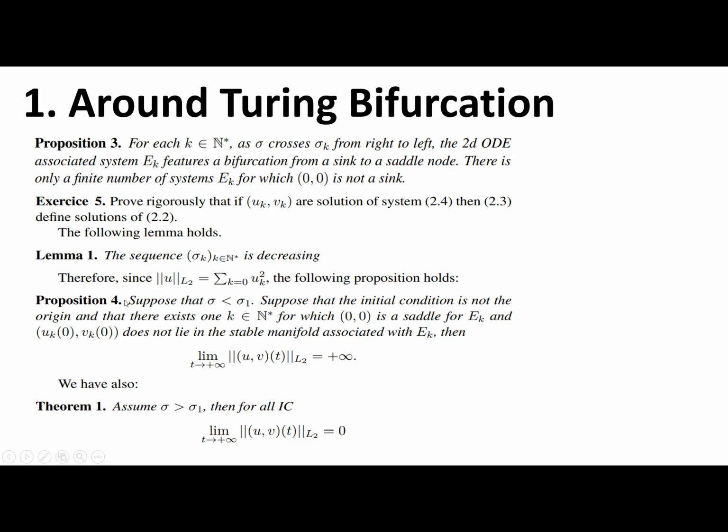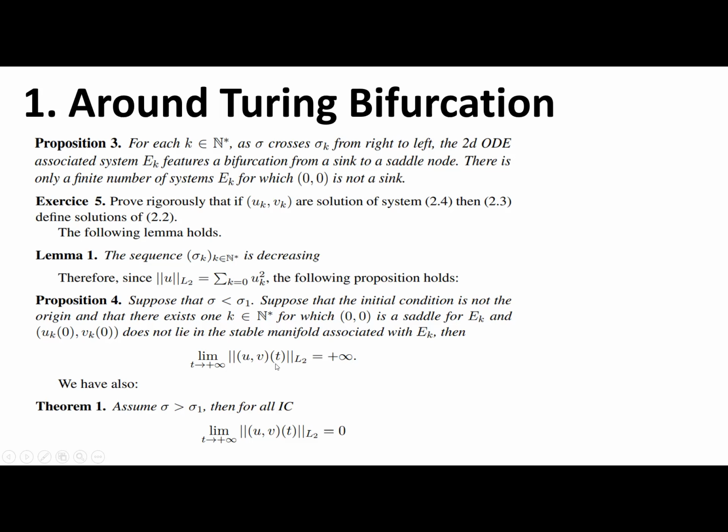And now look at proposition 4. Suppose that sigma is less than sigma 1, and suppose that the initial condition is not the origin. So 0, 0 is a saddle for EK. If UK0, VK0 does not lie in the stable manifold associated with EK, then the L2 norm of the solution of the PDE is going to plus infinity.